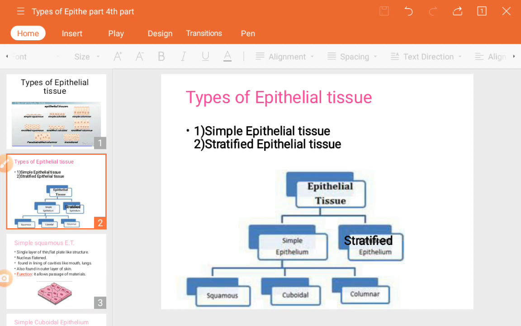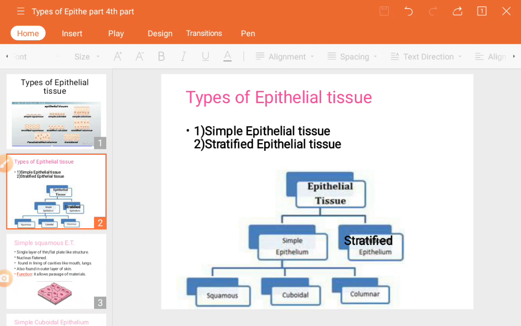So in that you have seen the different structures, but now we are going to actually study why it is classified like this, and according to their structures and their shapes they have been named squamous, cuboidal and columnar. Again the stratified epithelium tissue is also classified the same as the simple epithelium tissue, but their names get connected with stratified, like stratified squamous epithelium tissue, stratified cuboidal epithelial tissue and stratified columnar epithelial tissue.